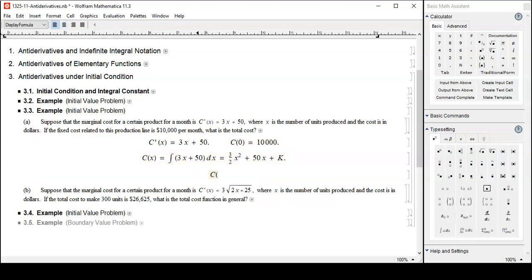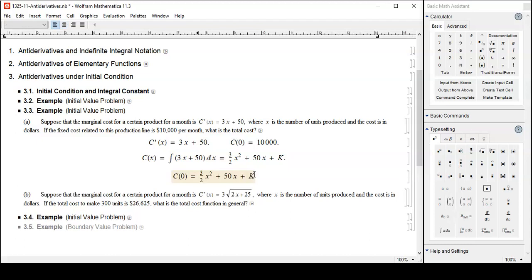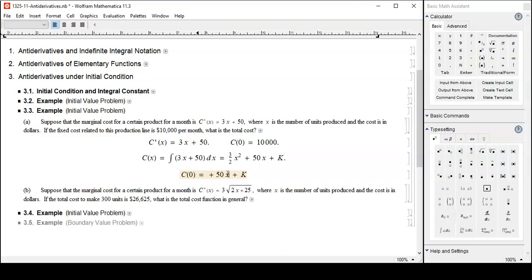So C of 0 is, well, plug in x equal to 0 to this guy. That's 0 squared, so that's 0. And that's 50 times 0, so that too is 0. So we get k, and that's 10,000. So plugging in 10,000 right here, you're going to get the final answer.